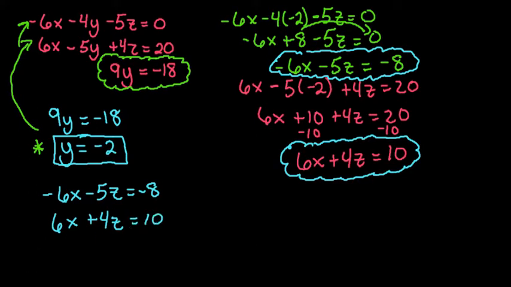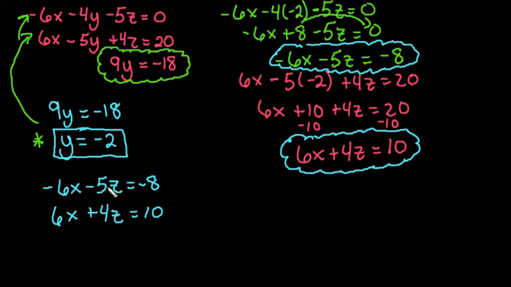We're going to solve this as a system of two equations. You can use elimination or substitution at this point. It's a lot easier to use elimination because I'm going to eliminate the 6x and the negative 6x, since they're already opposite signs. If I add these together, they automatically cancel out.